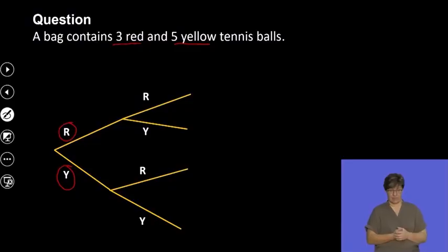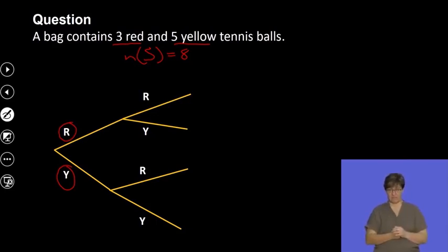Now, how many tennis balls do we have in total? Well, the sample size, the number in the sample, is going to be 3 plus 5, which is 8. So this tells us not only are they mutually exclusive, but they're also complementary, because if we have the probability of the 3, we'll recognize the probability of the 5. Those will add up to 1.